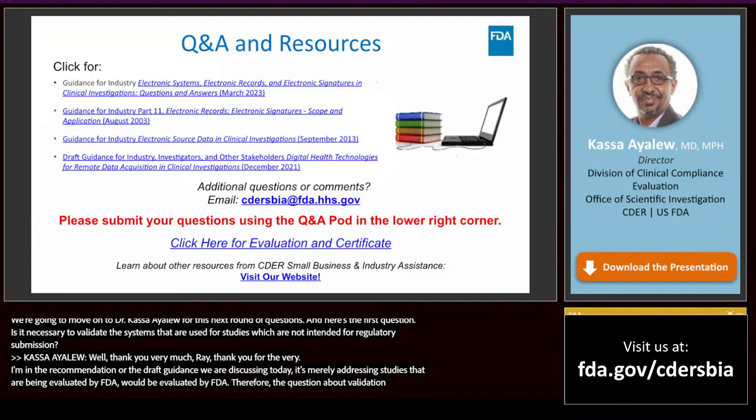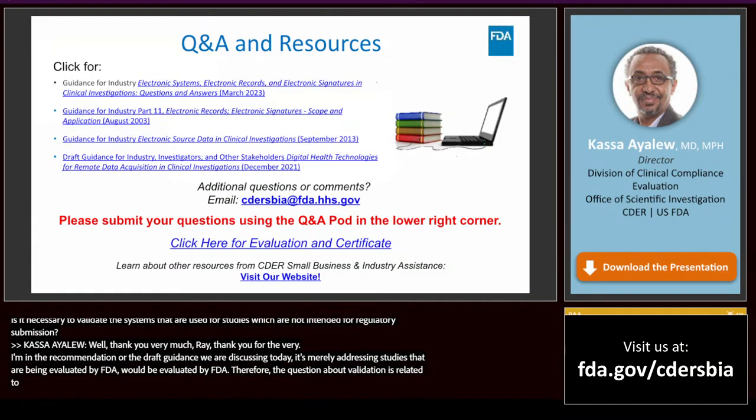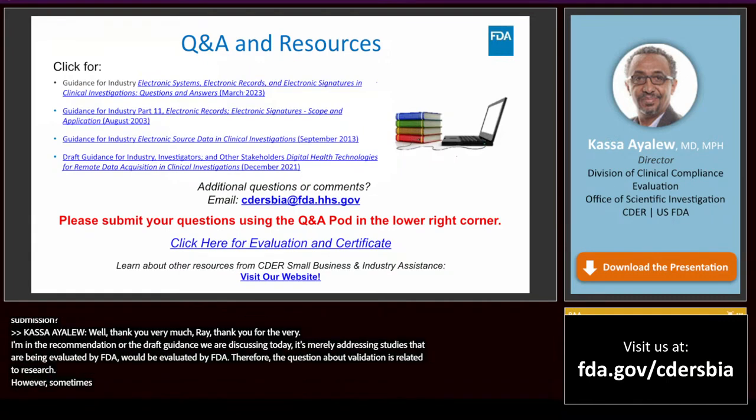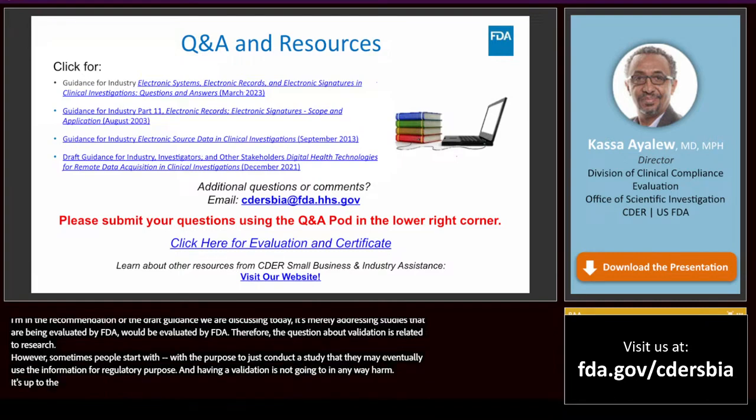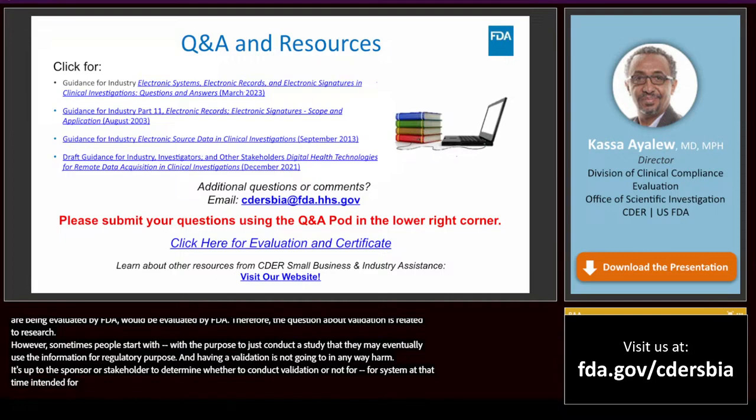However, sometimes people start with the purpose to conduct a study that they may eventually use the information for regulatory purpose. And having a validation is not going to in any way harm, but it's up to the sponsor or the stakeholder to determine whether to conduct validation or not for systems that are intended for non-regulated activity. That's what I would say. Thank you very much, Ray. Back to you.